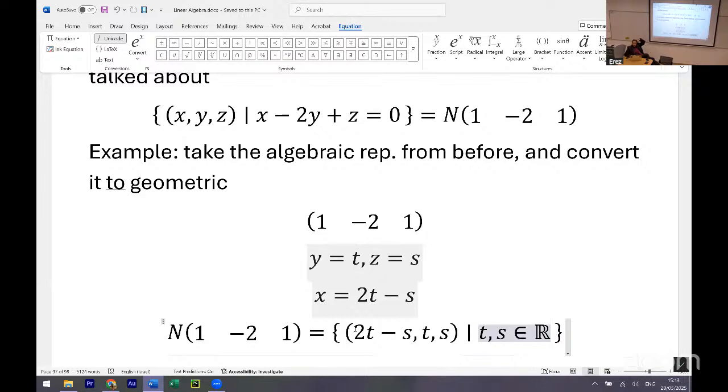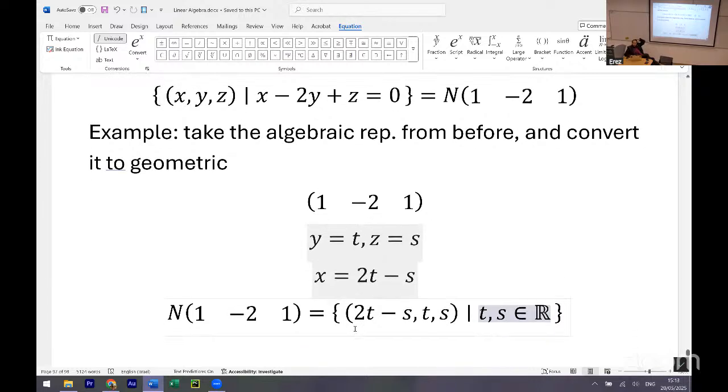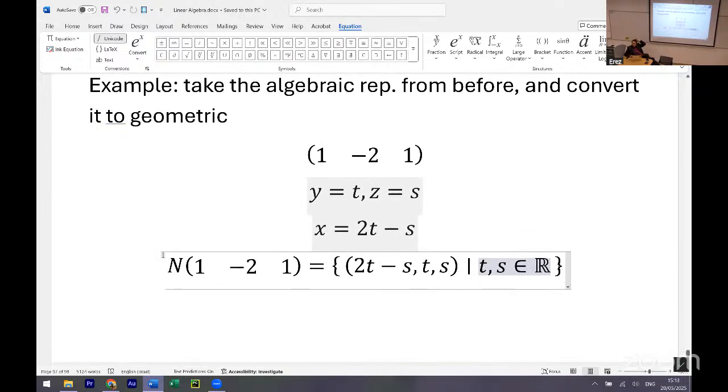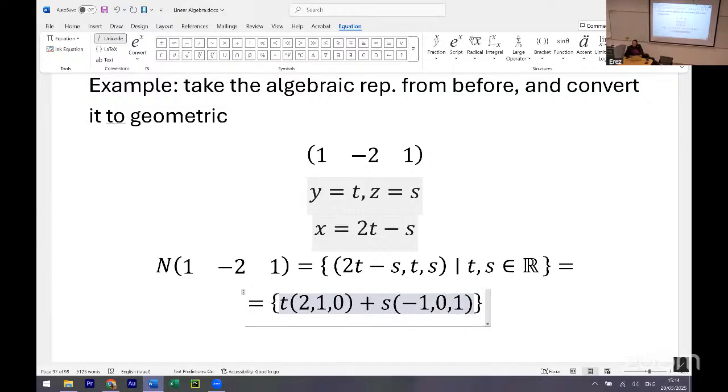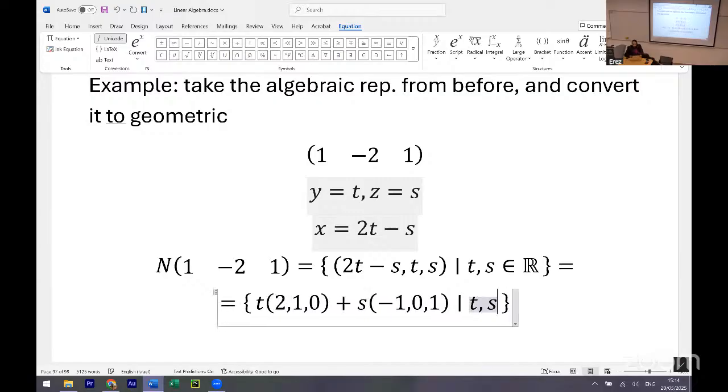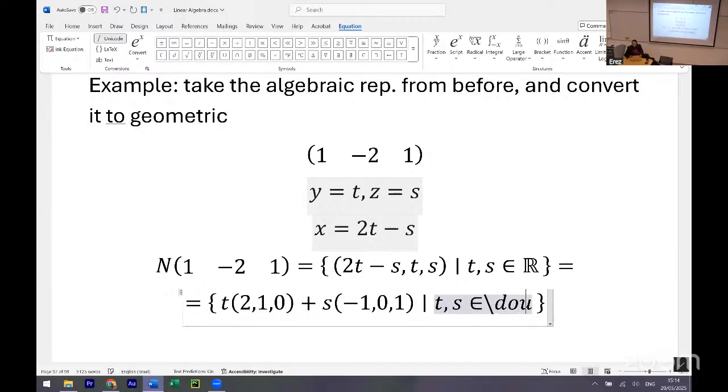Just finding the general solution to a system of equations. And then we'll write it as T times (2, 1, 0) plus S times (minus 1, 0, 1), such that T and S are from the field.